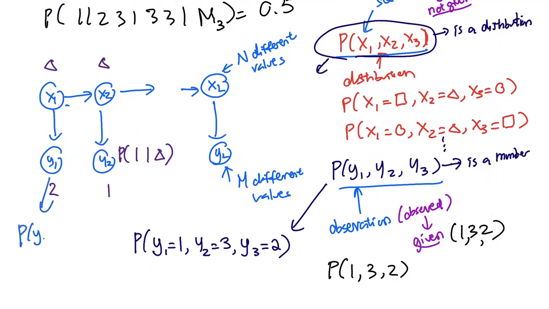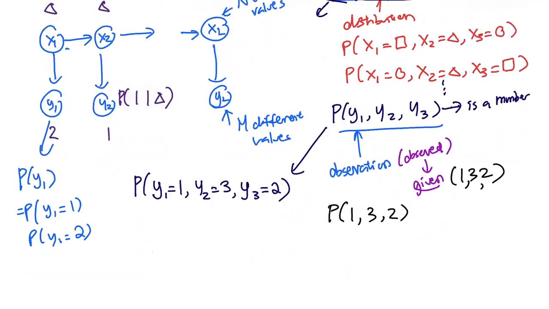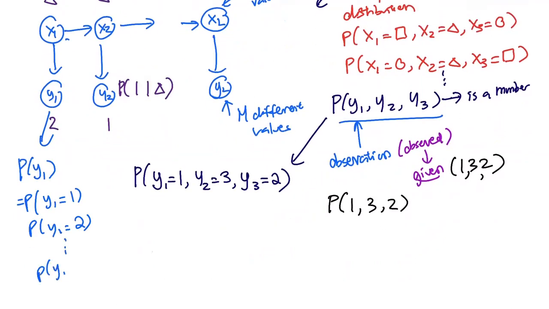So there is also a distribution for y1 here, which is the probability that y1 equals 1, the probability that y1 equals 2, all the way down to the probability that y1 equals n. So you have to be a little bit careful when you look at how the observation probability is written: is this thing an actual variable, versus an assigned value?